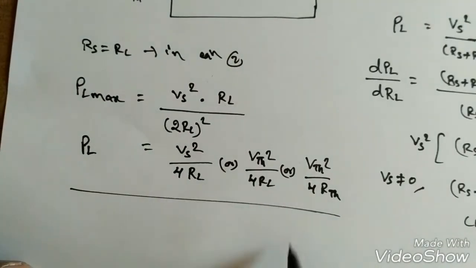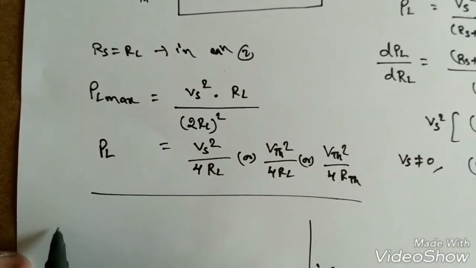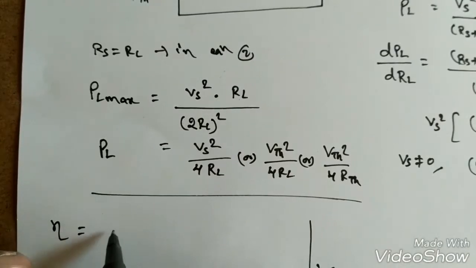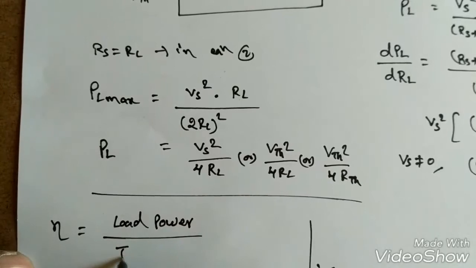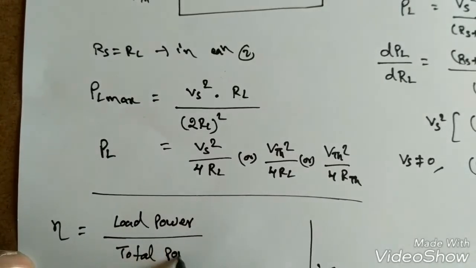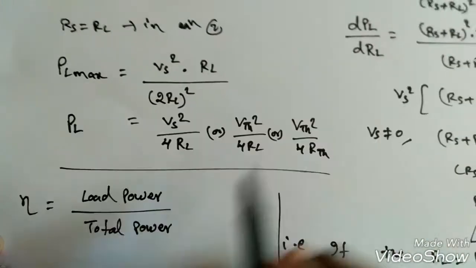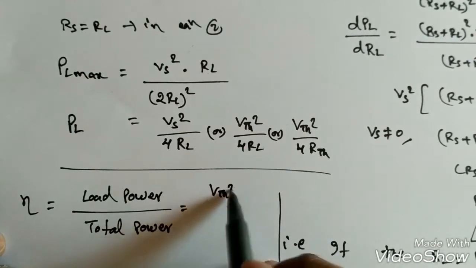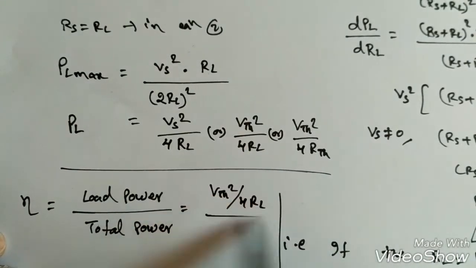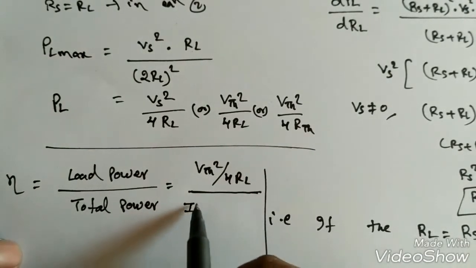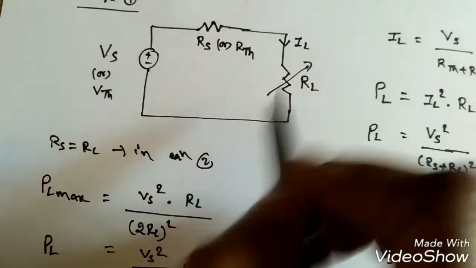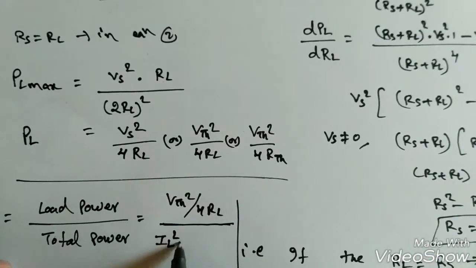Now if I find the efficiency of this condition, eta is equal to the load power by the total power. What is the load power? Just now we have seen, that is Vth square by 4RL or Vs square by 4RL. The total power means the total current square, IL square, since the same current is flowing in this loop, into the total resistance, RS plus RL.